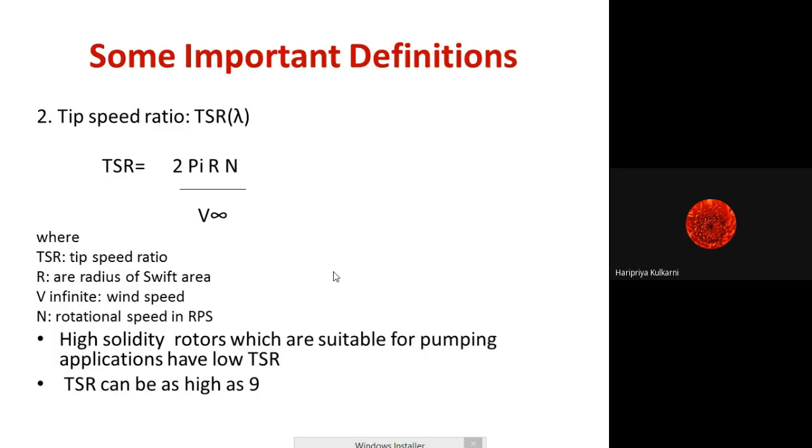If we now compare TSR with solidity, high solidity rotors, which are suitable for pumping applications, have low TSR, because high solidity means high torque. High torque means low TSR. TSR can be as high as 9.